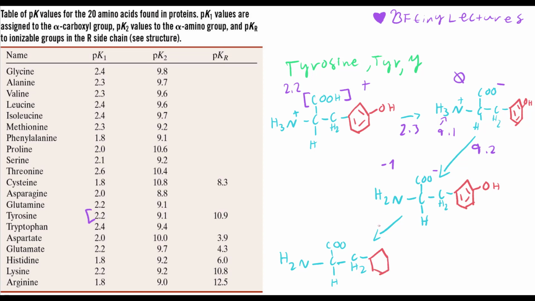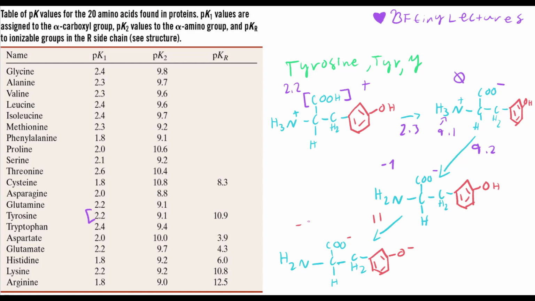Okay, so what if we enter a value of about 11? If we enter an environment where the pH is 11, well, right here, the oxygen of this guy is going to release his hydrogen. He's going to be acting as an acid, okay? And that makes it negative. This part is also negative.